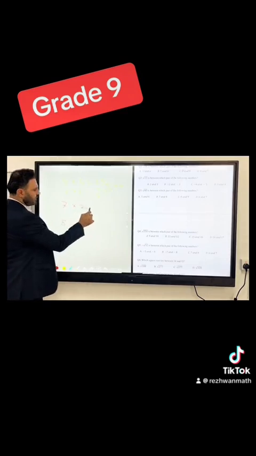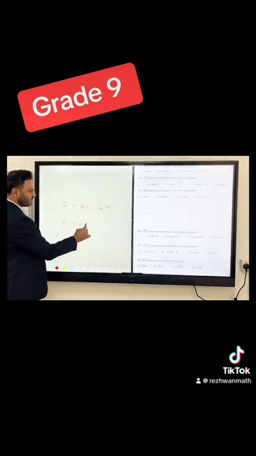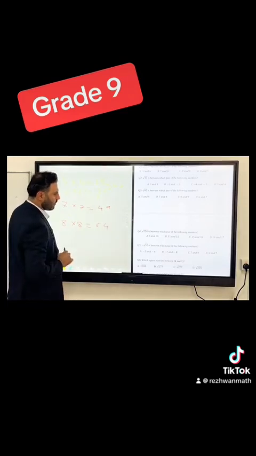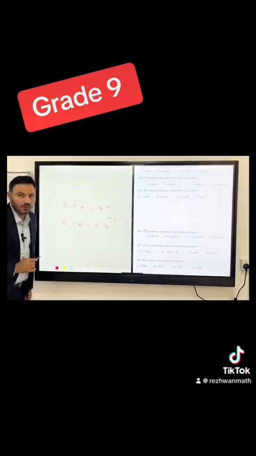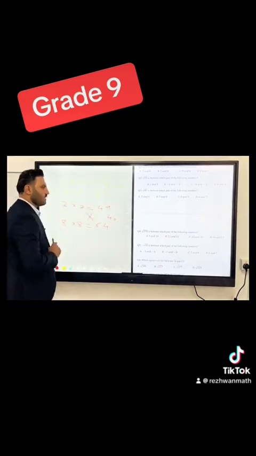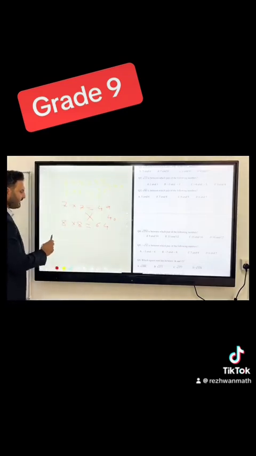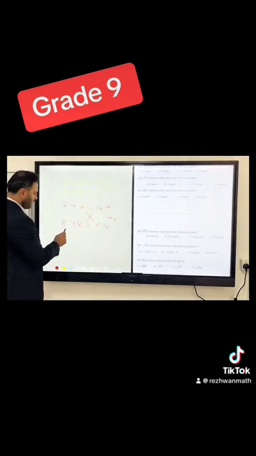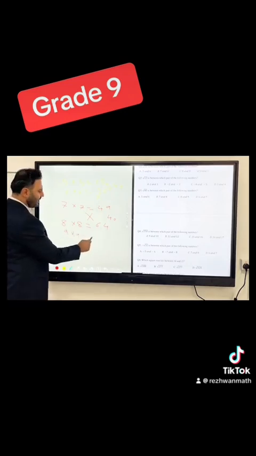And B, 7 and 8. 7 times 7, we get 49. And 8 times 8, we get 64. Is 40 between them? No, because 40 is less than both of them. So it's not correct. Then, 8 and 9. 8 times 8 we get 64, and 9 times 9 we get 81.